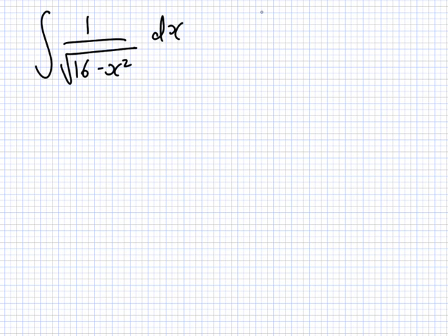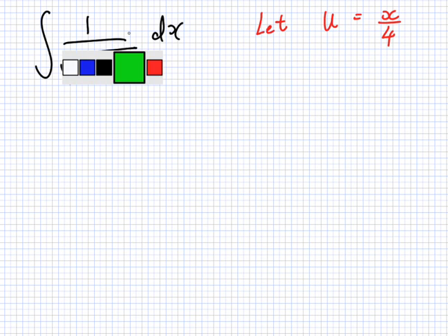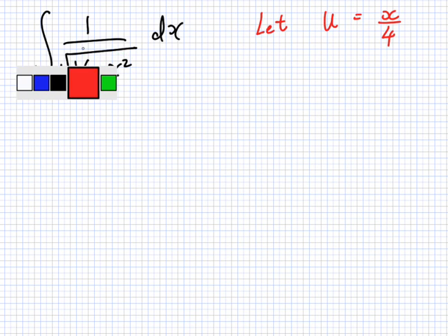What we can do is, we can say, let u equal x over 4. And we've kind of seen something like this before, where you let u equal to the square root of this divided by square root this. We've seen that before.